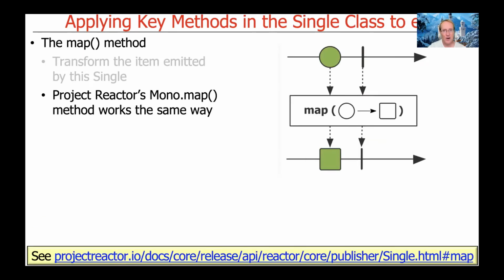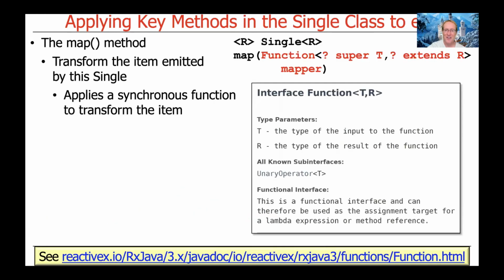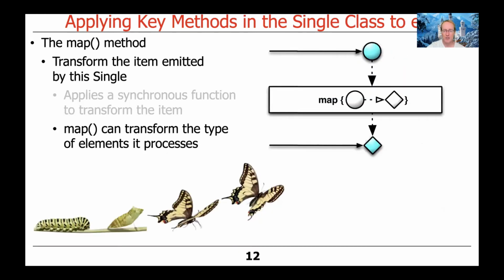Project Reactor also has a map method in its Mono class that works essentially the same way. You can see from the diagram here that a marble comes in to map, and map's behavior transforms the input to the output. Visually, we're going from a circle to a square. The same thing is true here in the documentation for RxJava, where we go from a circle to a diamond. But that's not important.